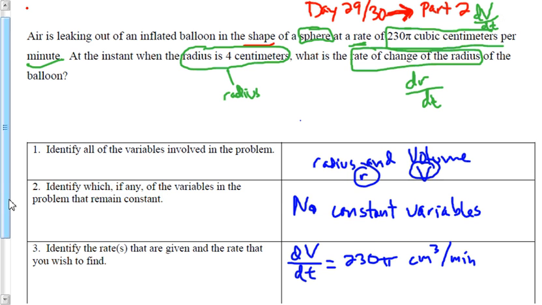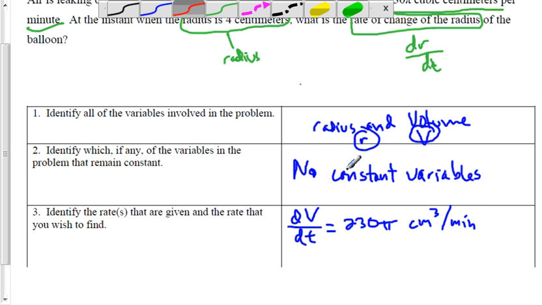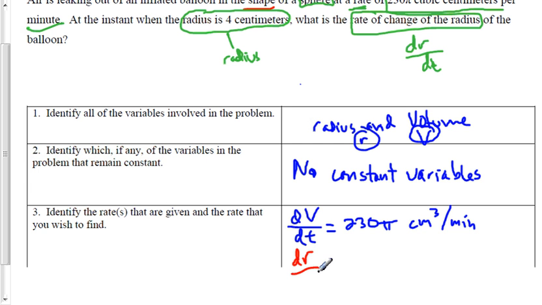That's helpful. And then what don't we know? What are we looking for? We're looking for the rate at which the radius changes. So that's dr/dt, and again, we don't know that. They gave us the radius in centimeters, and a lot of times we want to keep them the same, and that's just one-dimensional, so it's centimeters per minute.